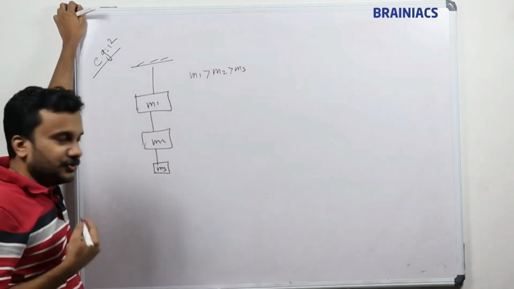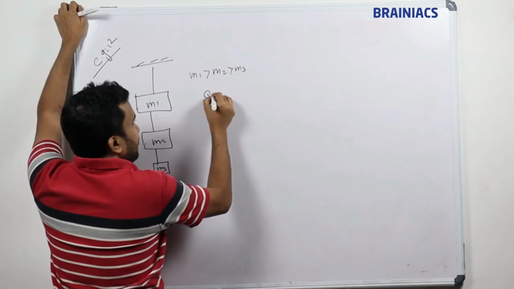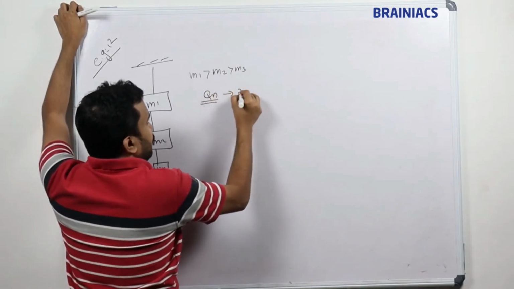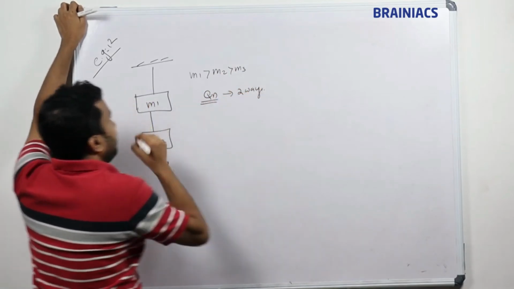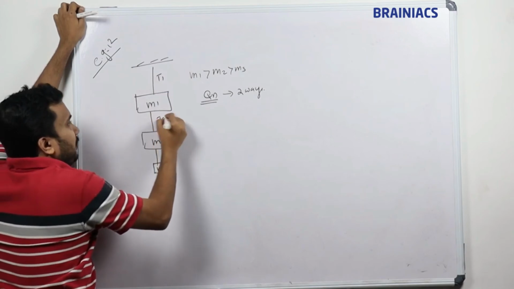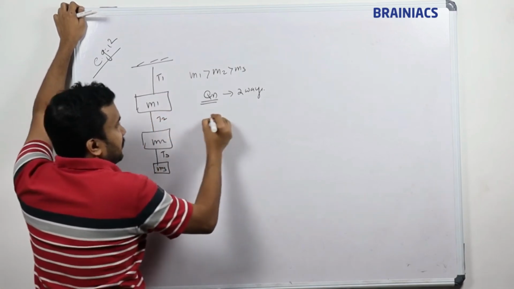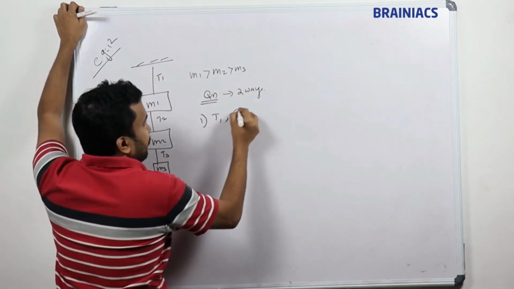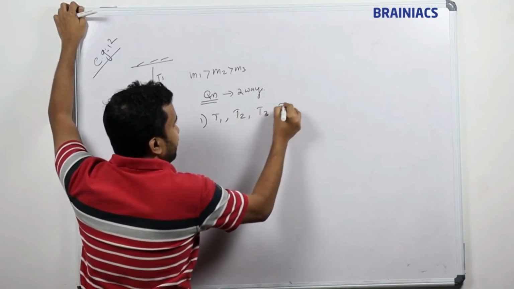Questions come in two ways. Here the body will have T1 tension, T2 tension, and T3 tension. The first set of questions asks what is the value of T1, T2, and T3.